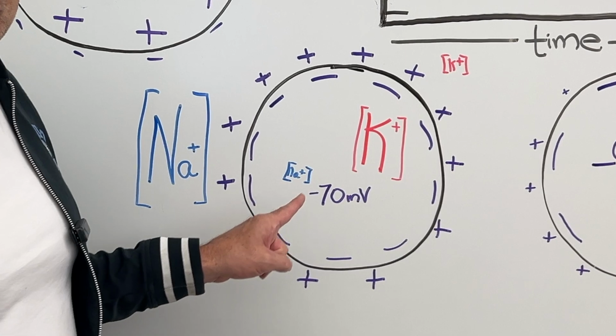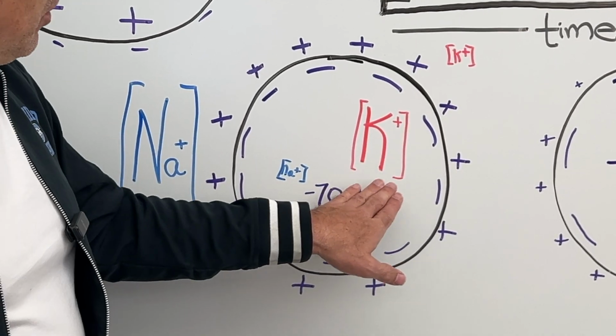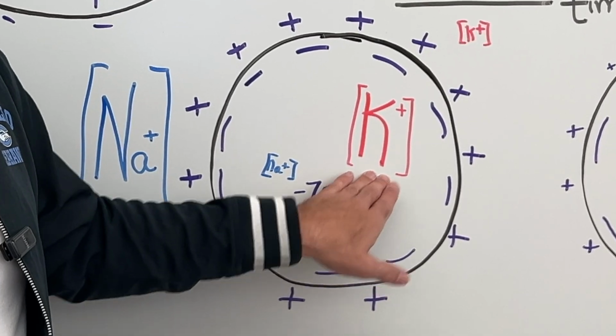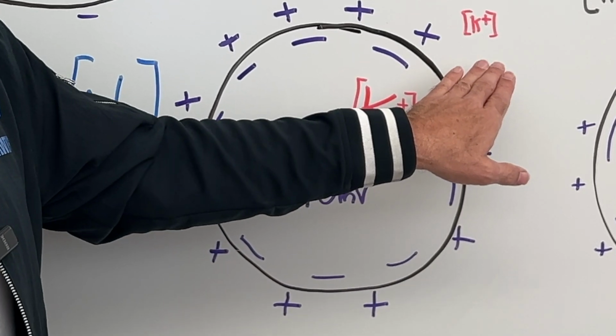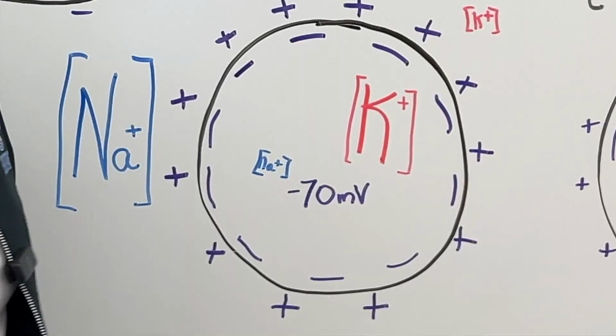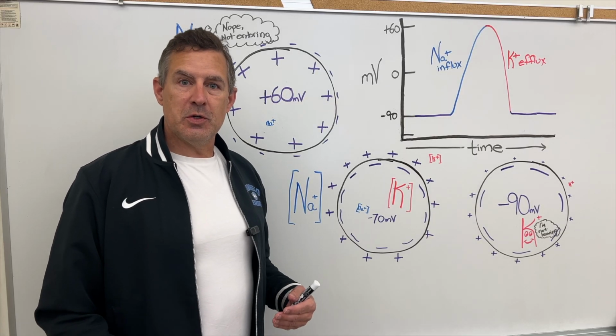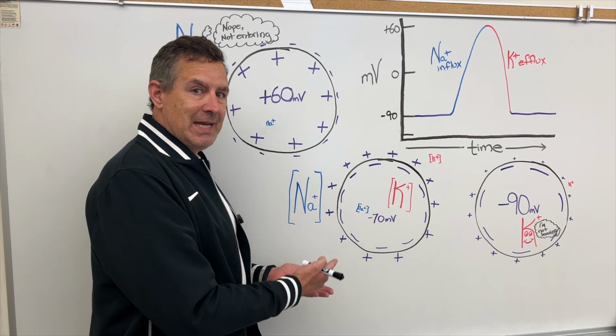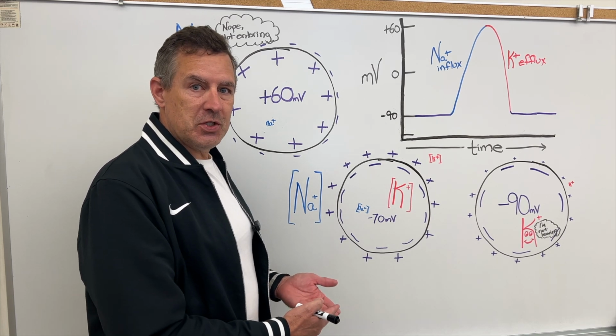And the converse is true for potassium, where we have a super high concentration of potassium inside the cell and a much lower concentration of potassium outside the cell. These concentrations, otherwise known as chemical gradients, will allow for the diffusion of sodium into the cell and potassium out of the cell.